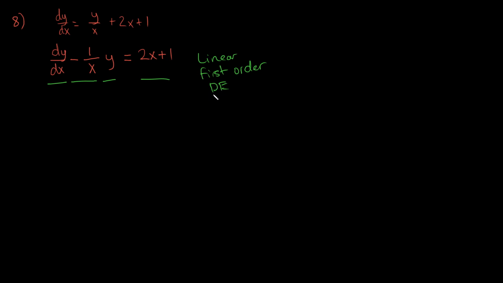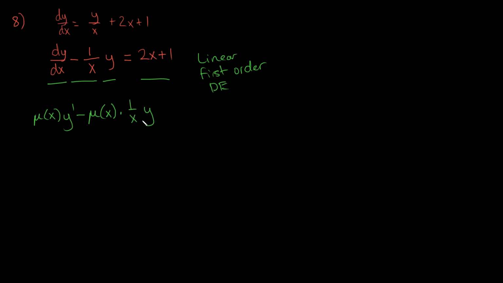So, again, without recalling any formulas, let's see what we might be able to do to get this into our product rule form. What we know is that we want this to resemble the product rule. So we want this to be some mu of x times dy/dx, which I'm going to write now as y prime, minus mu of x times 1 over x times y.